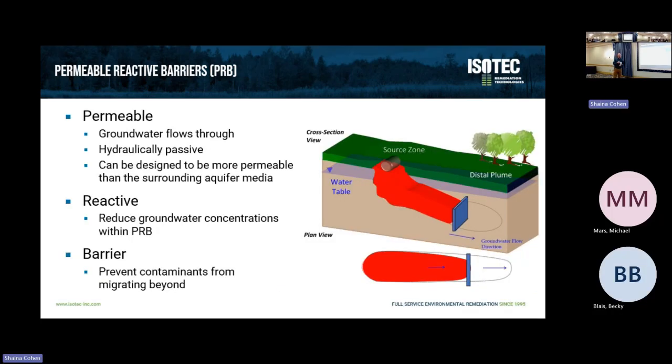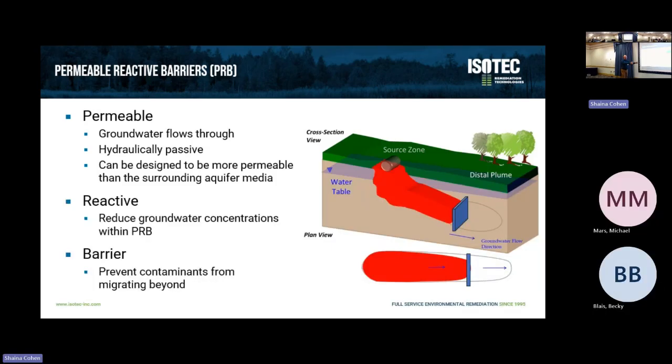So, spending a few moments on each of these three words: permeable reactive barrier, which makes the acronym PRB, which I'll use plenty going forward. It's permeable. This is a passive treatment where contaminants in groundwater are flowing.